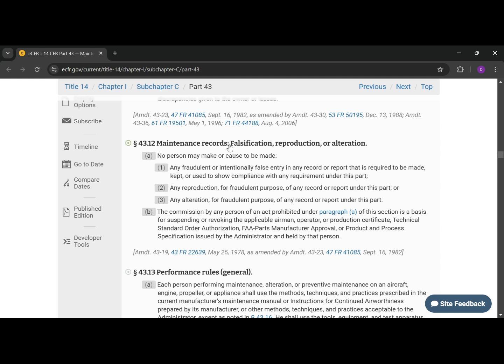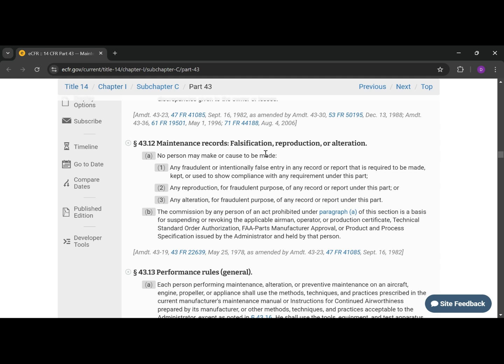So a quick story time. I had a student that was a CFII, MEI, had quite a bit of flight time. I don't know the exact number of flight hours he had, but I think over 1,000.